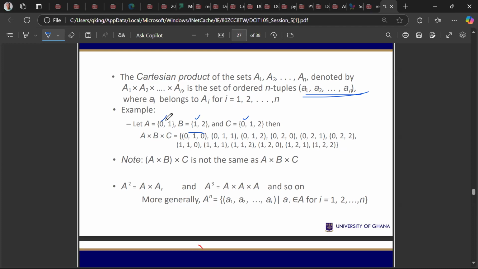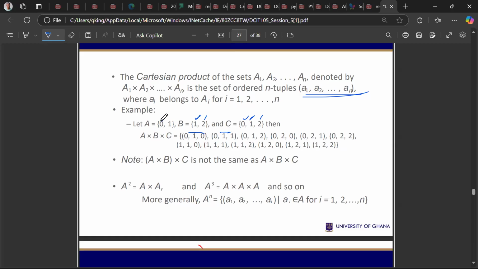And then we are going to do the same thing again. 0 is once again being paired with 1, and then with 1, this one here, so that is what we see here as well.